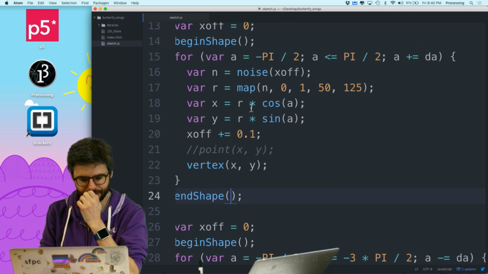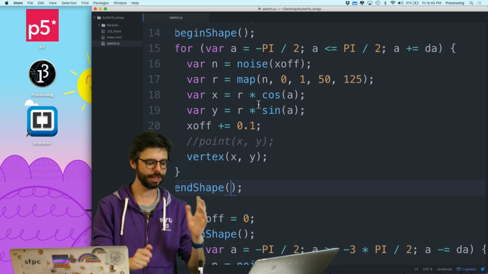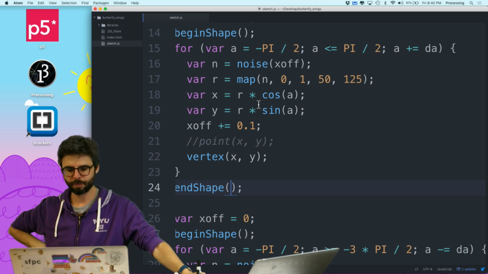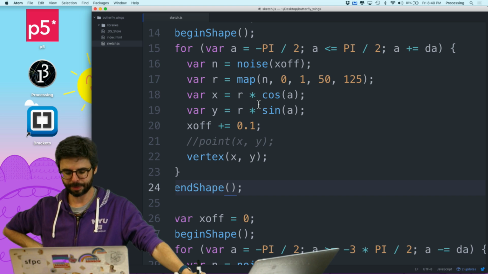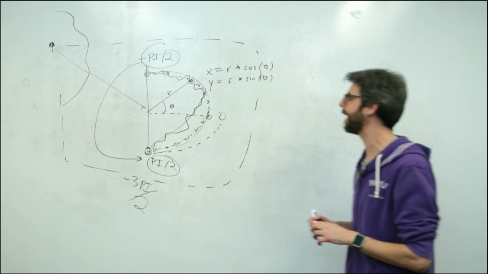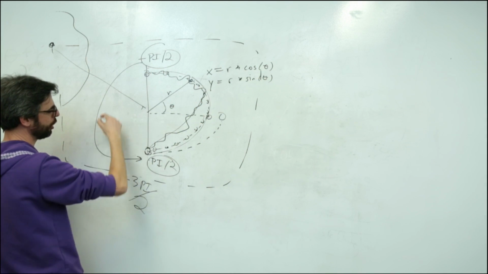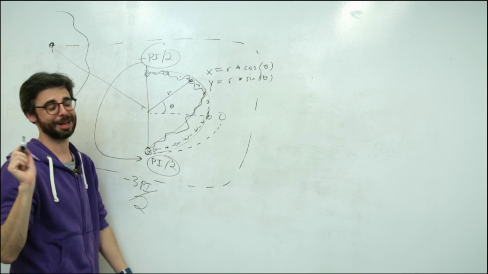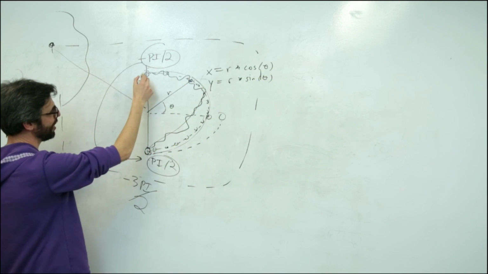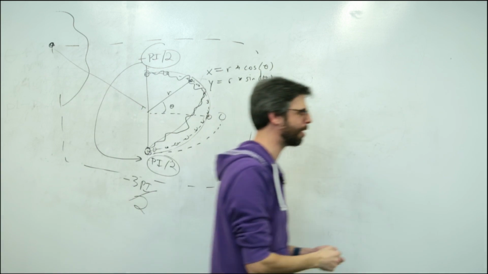But the problem with that is, okay, too many suggestions here. Let me think about how I want to do this. The problem that I'm experiencing is that I went one way and then I went the other. So really, if I want to make it one continuous shape, I need to do this. So then n just goes down. No problem. Okay.